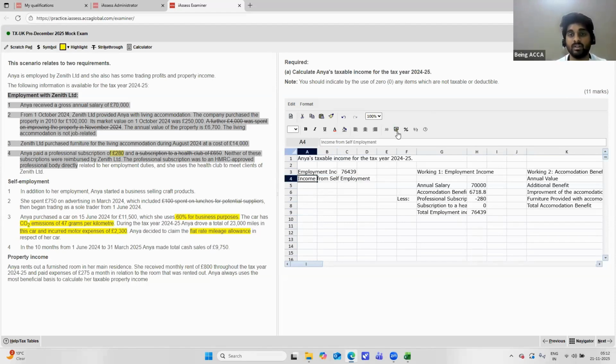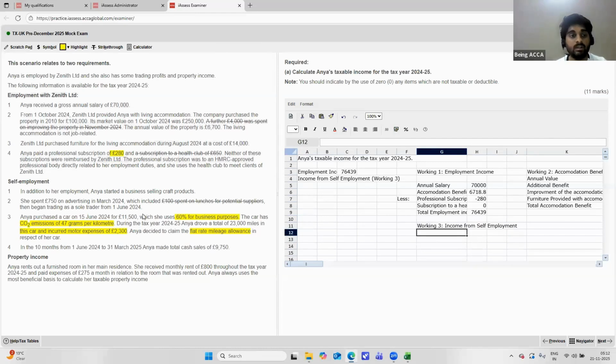So again, let's show this as a working. Income from self-employment, let's show it as a working over here. Working 3. Self-employment. As we can see, first we will start off because it should be calculated in total.